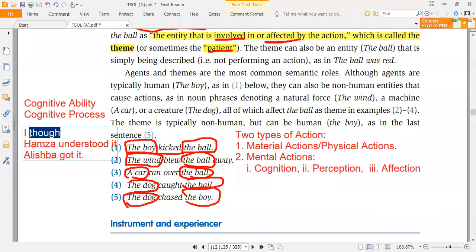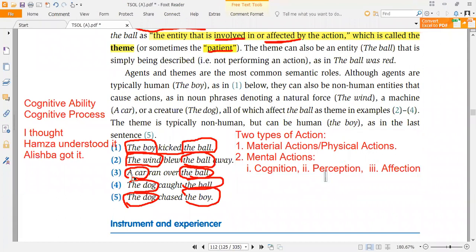Did I kick a ball? No. When I kick a ball, I move my body. But while thinking, we do not move our body or use our body organs, we just use our mind. I thought, I understood it, I got it, I got confused. This sort of action is called cognitive action.